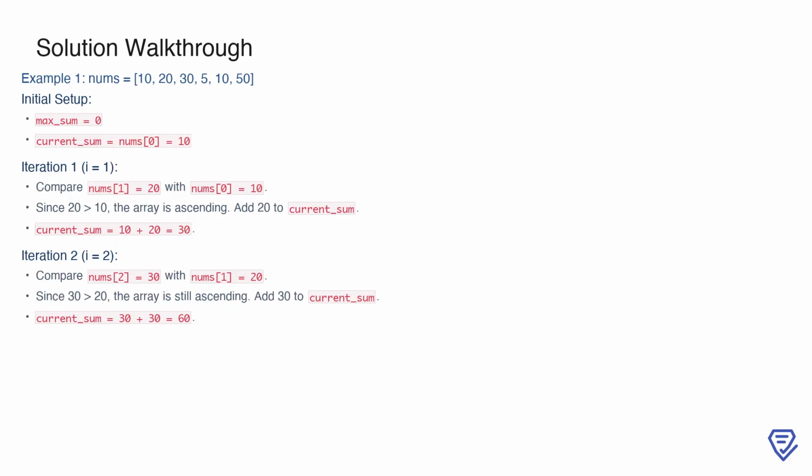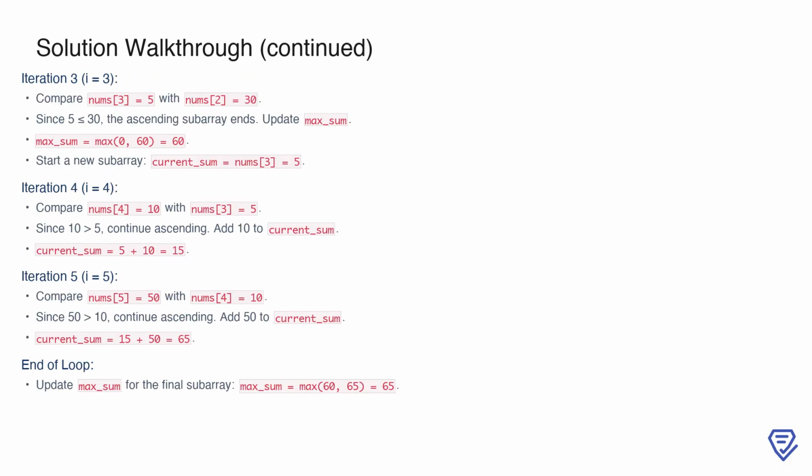Next, in the second iteration, nums[2], which is 30, is compared to nums[1], which is 20. Again, 30 is greater than 20, so the subarray remains ascending, and we add 30 to current_sum. Now, current_sum becomes 60. In the third iteration, we compare nums[3], which is 5, with nums[2], which is 30.